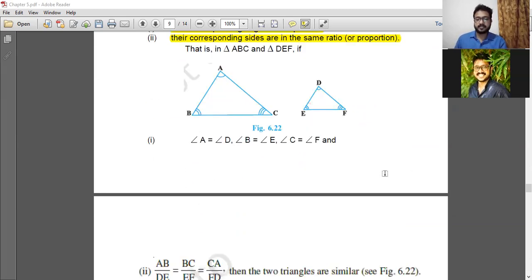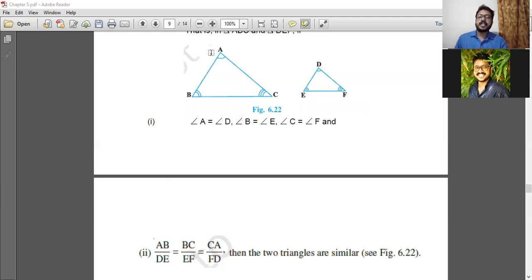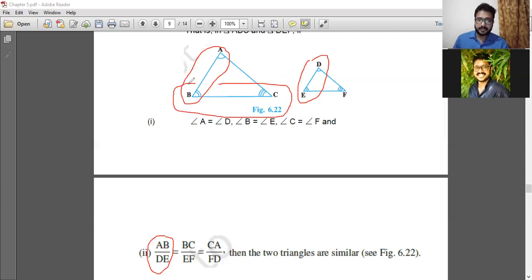Now let us look at the second condition. Moreover, for the ratio of the corresponding sides, if we are taking the side AB, then the side which corresponds to AB is side DE. That is AB by DE. The ratio between the sides AB and DE should be equal to the next side ratio, BC by EF.